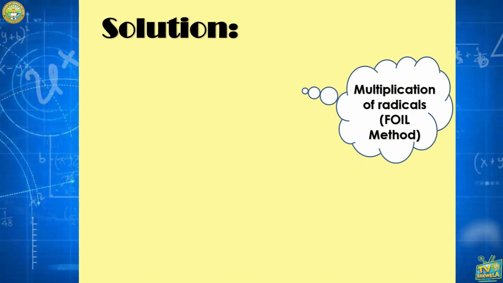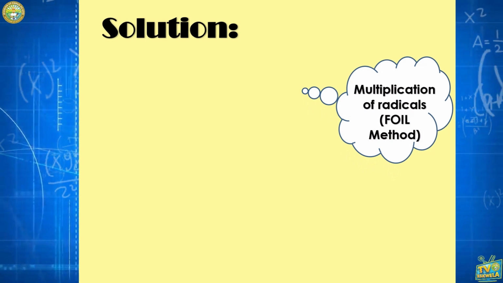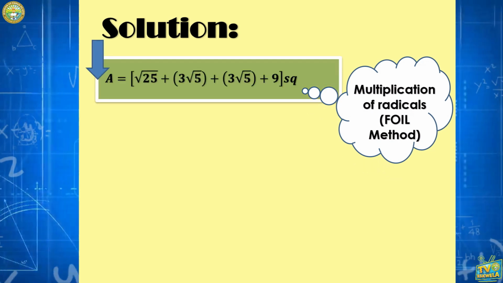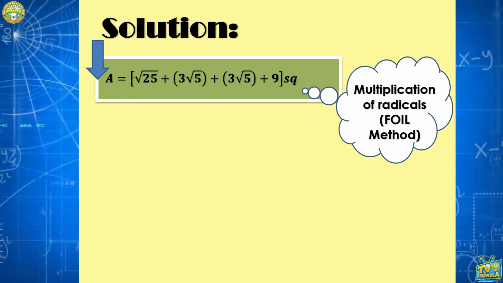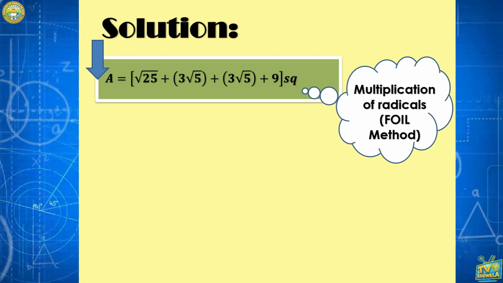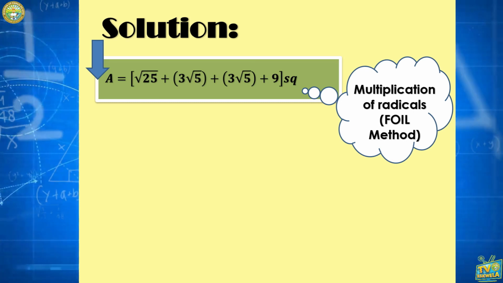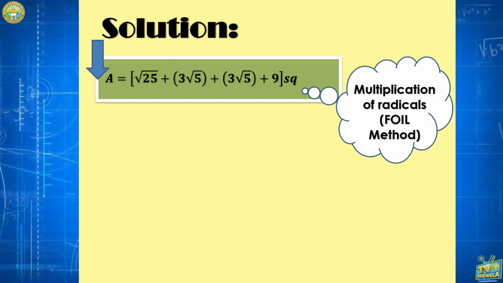Applying multiplication of radicals or the FOIL method results to A equals quantity square root of 25 plus 3 square root of 5 plus 3 square root of 5 plus 9 square units.